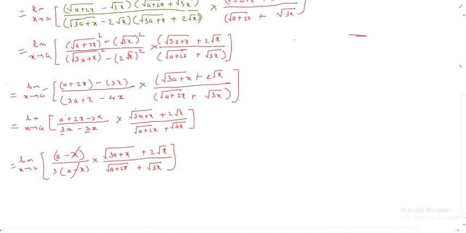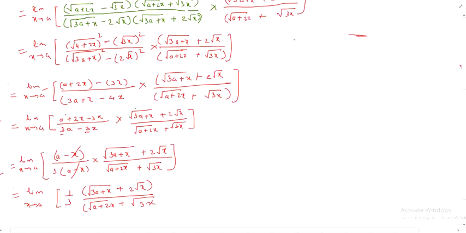Therefore L is equal to limit x tends to a, inside the bracket 1 by 3 is constant, and the remaining terms are root 3a plus x plus 2 root x by root a plus 2x plus root 3x.